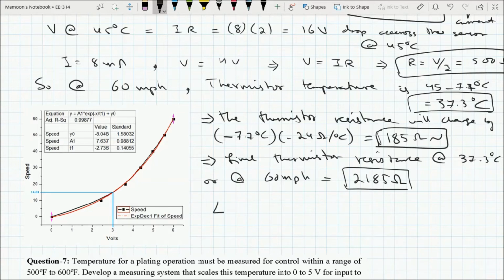And now we can find the del V at 60 miles per hour by using a formula. 20 is the supply, 2000 over 2000 plus 500. So this is for the encapsulated sensor or the shielded sensor whose resistance did not change due to the wind effect.